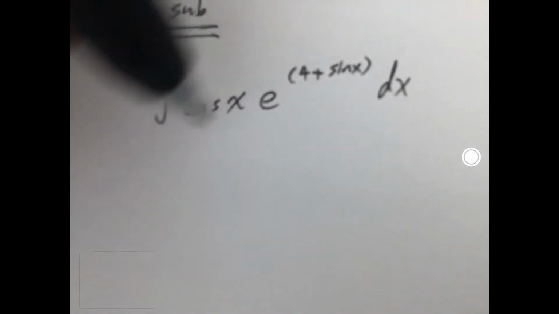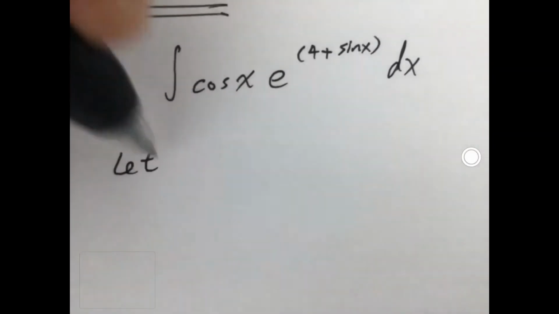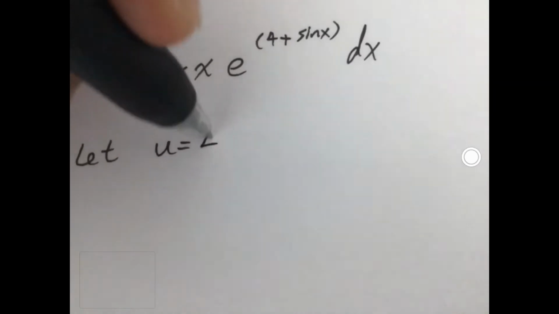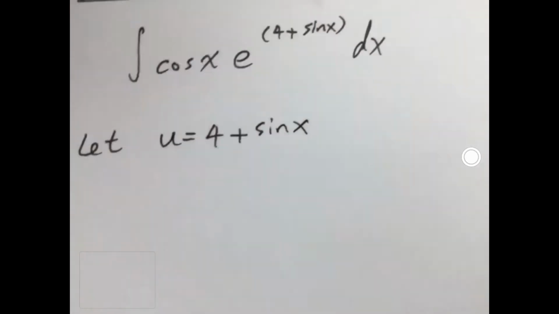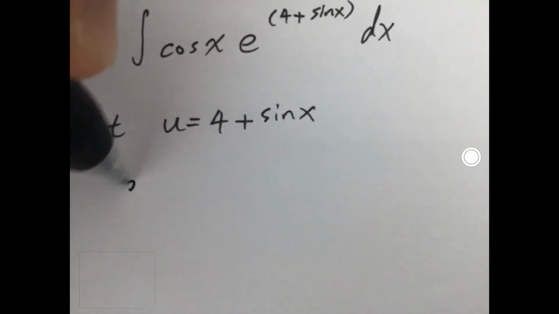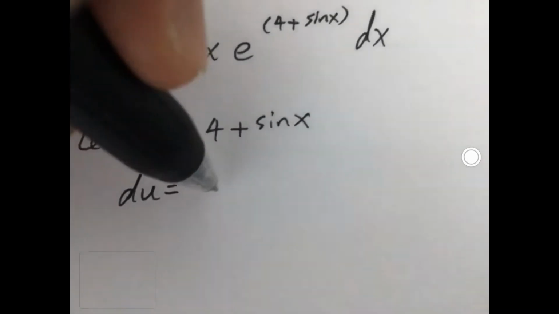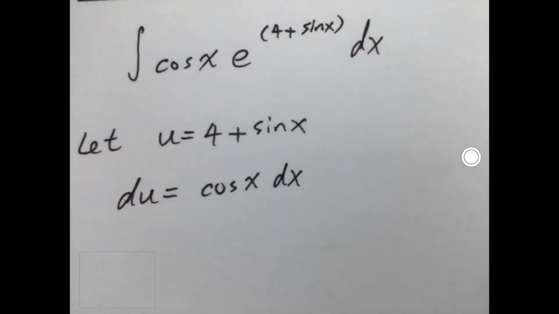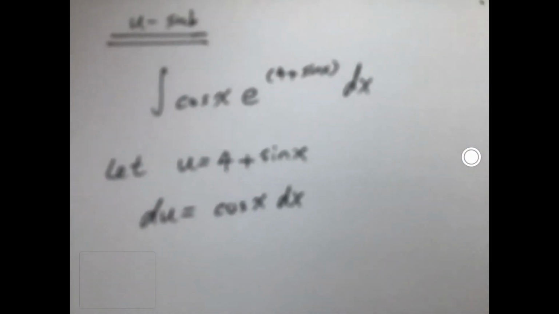The first would be the u sub that we're doing. With this function, when taking u, we let u be the power of the e, which is 4 plus sine x. And then we can take du, and we remember that the constant cancels out, so that would just leave us with cosine x dx, and that would be our du.